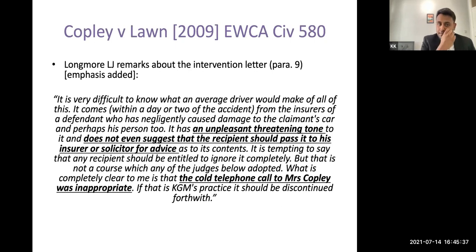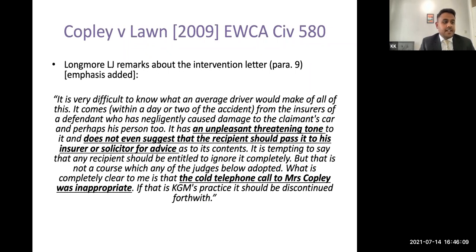In terms of the intervention letter itself, this was dealt with at paragraph 9 by Lord Justice Longmore. And you can see that I've produced the excerpt of paragraph 9, which covers that particular position. And in particular, what Lord Justice Longmore noted was that the letter itself had an unpleasant and threatening tone.